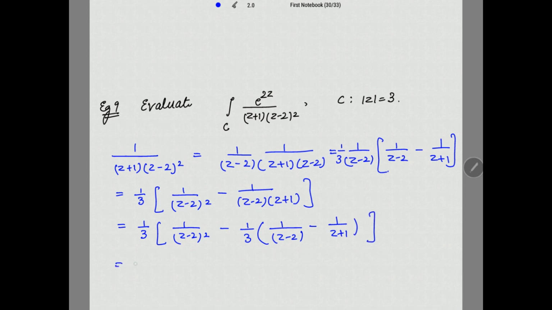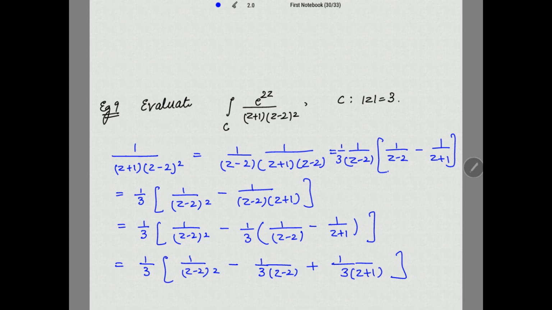Now you have the final expression as 1 over (z minus 2) whole square minus 1 over 3(z minus 2) plus 1 over 3(z plus 1). Alright, this is your final expression.